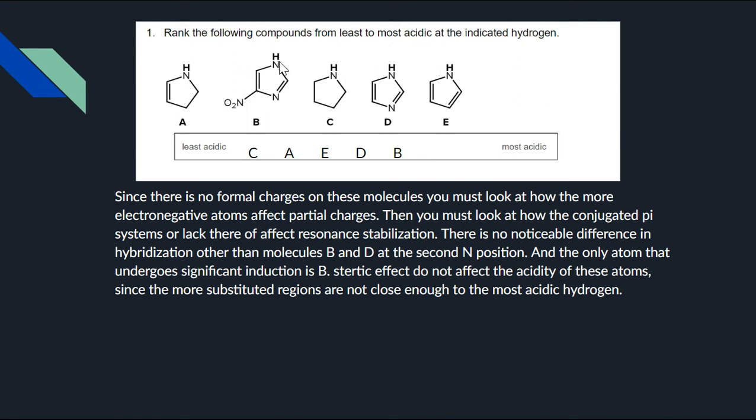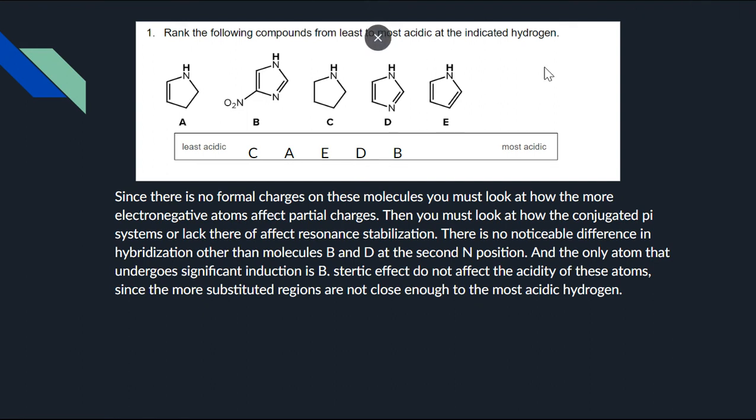But then a really important factor we're going to go look at is induction, because you can see that B is the most acidic because the O2N group is pulling electrons away from the ring, stabilizing it, making it more easy to donate a proton.